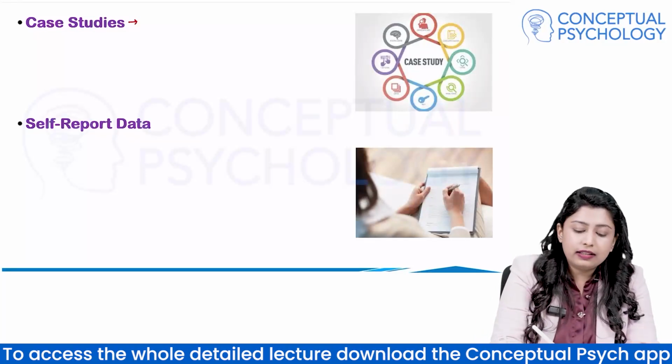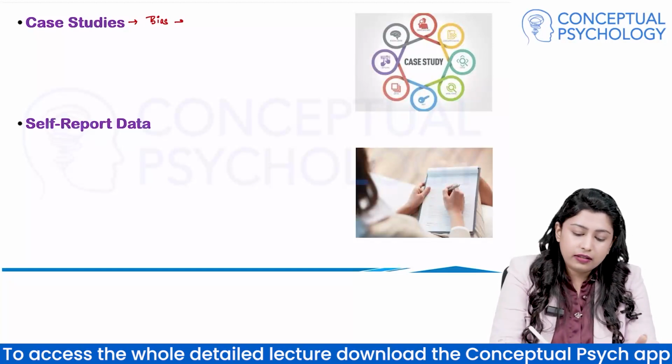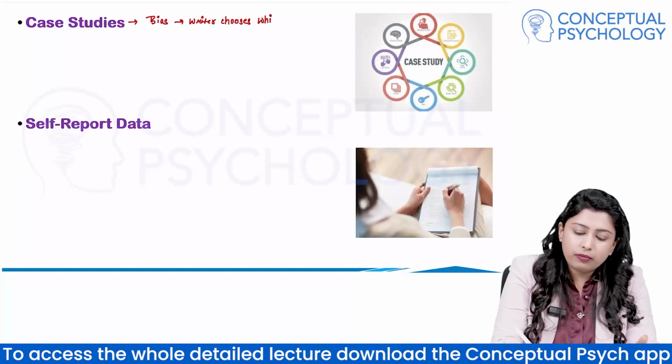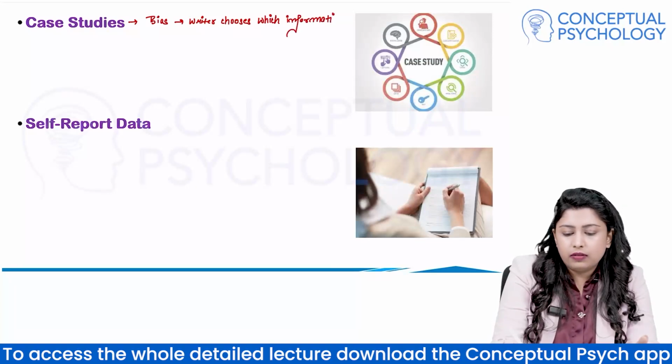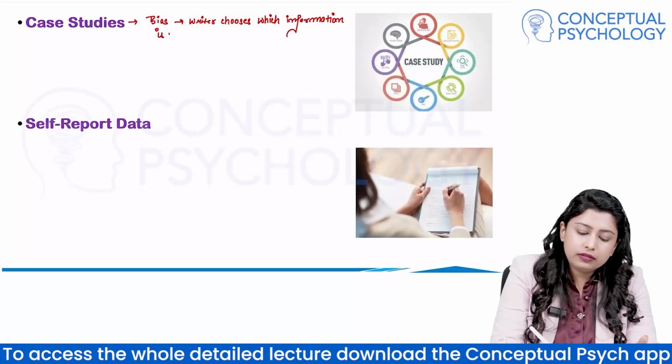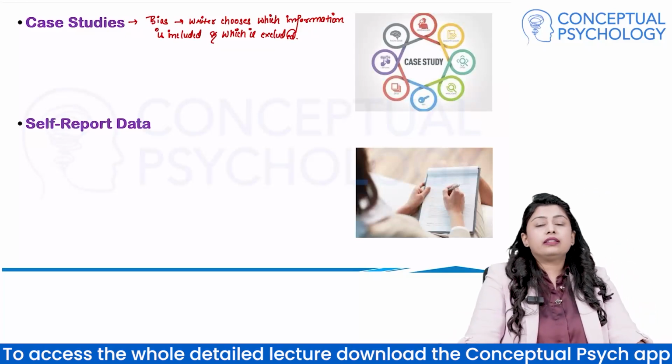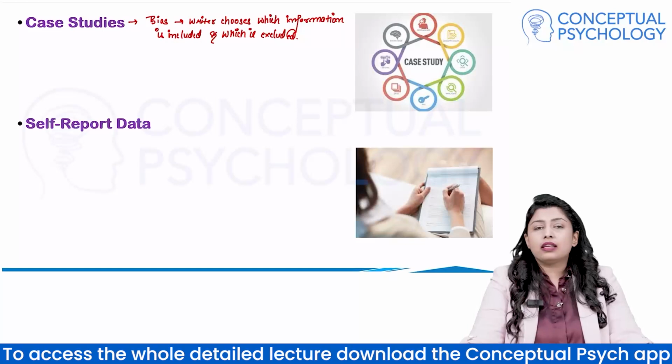So, in a case study, there is a bias because the writer chooses which information is included and which is excluded. So, here the writer is subject to the bias.